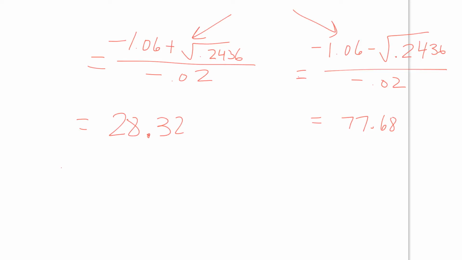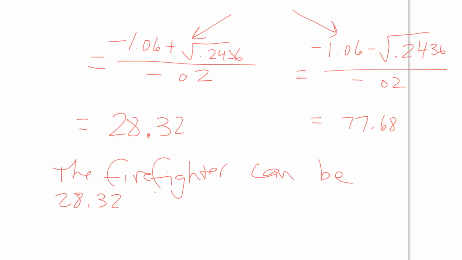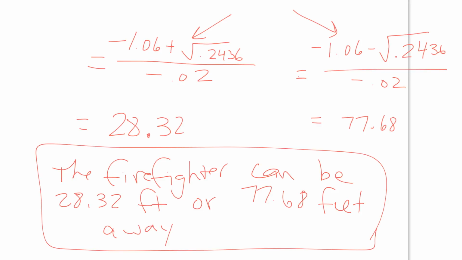We can say the firefighter can be 28.32 feet or 77.68 feet away. So two answers, two possibilities, which is possible for a lot of these word problems. If you have questions, let me know.